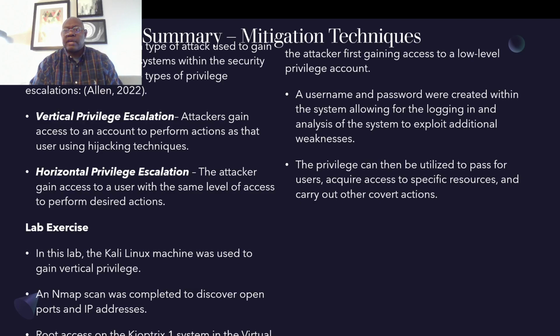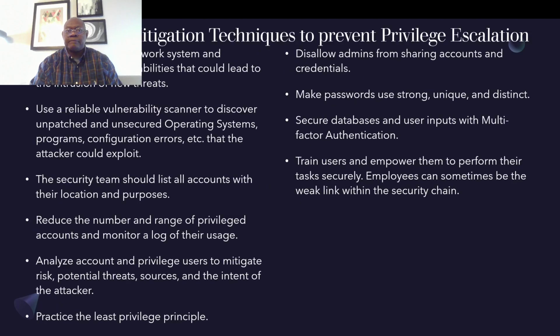A username and password were created within the system, allowing for logging in and analysis of the system to exploit additional weaknesses. The privilege can then be utilized to pass from one user to another to acquire access to specific resources and carry out other covert actions.